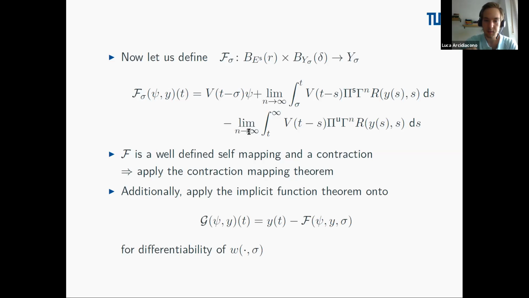One specialty is that for the differentiability, we do not rely on the contraction mapping theorem again, but we apply the implicit function theorem to a slightly modified operator, which is given by the identity minus f. And applying the implicit function theorem onto that function, we can show differentiability of our function at 0.